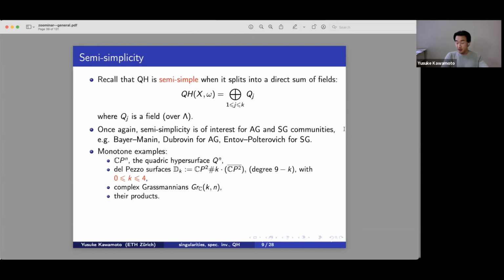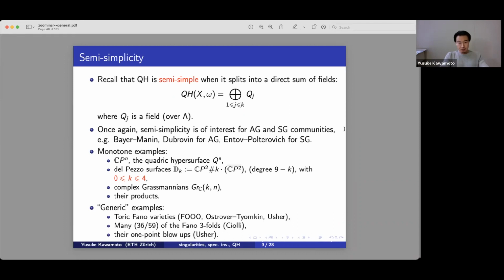If the number of blowups is less than 5, then you get a semi-simple quantum cohomology, but as soon as you blow up more than 5 points, it's not semi-simple anymore. Complex Grassmannians also have semi-simple quantum cohomology, and you can take products of the things I mentioned, which would also give examples.